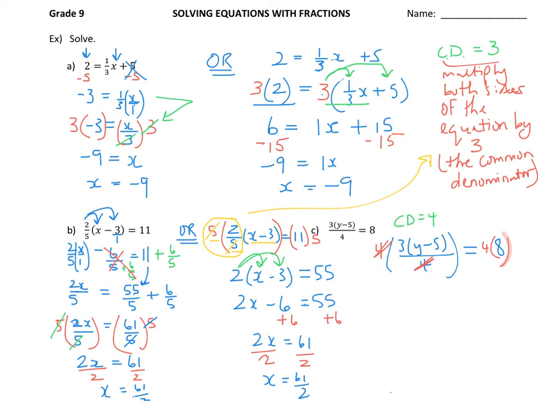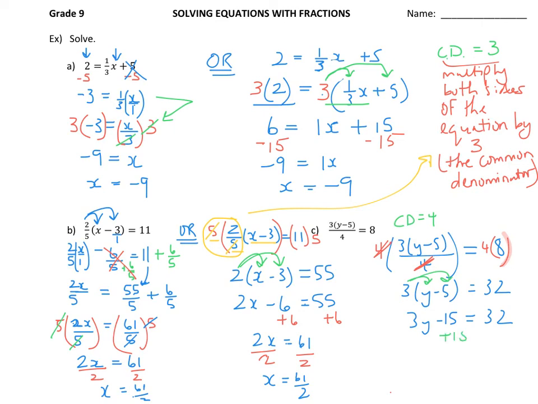The multiplying by 4 is going to cancel out with the dividing by 4. So what I'm going to be left with is 3 bracket y minus 5 equaling, and then 4 times 8 is 32. And then we can expand through and get 3y minus 15 is equal to 32. Then we can add 15 to both sides.